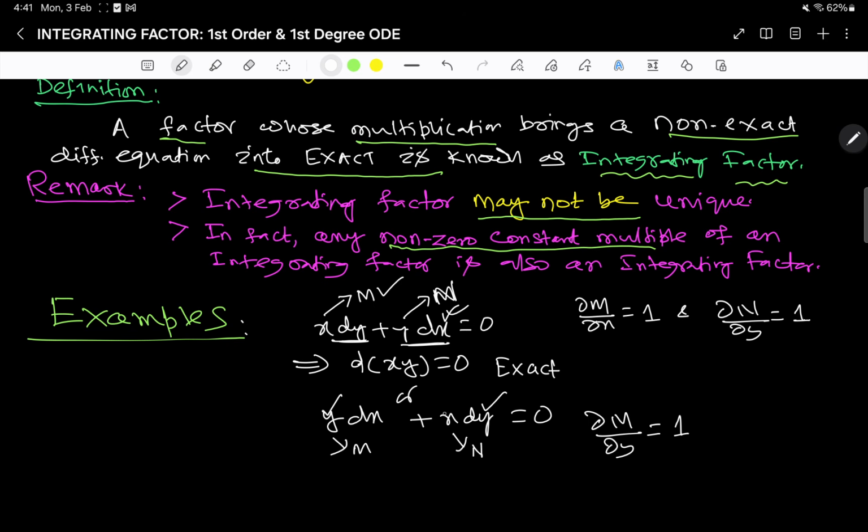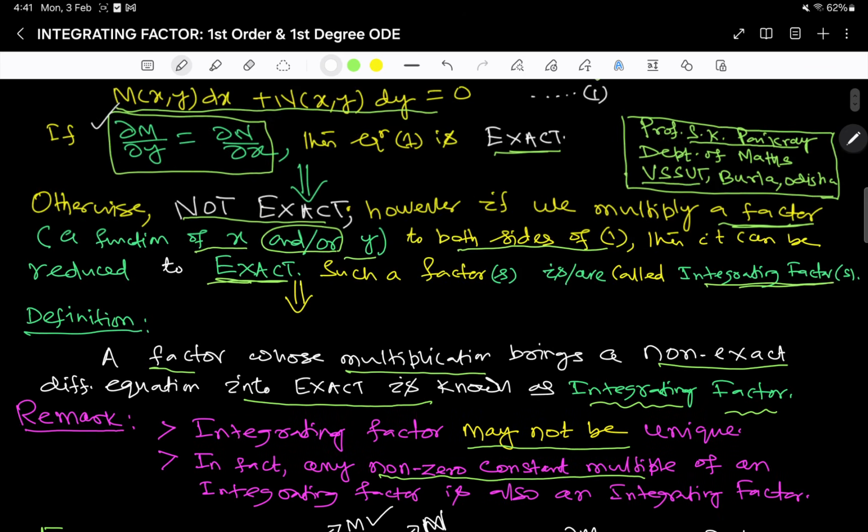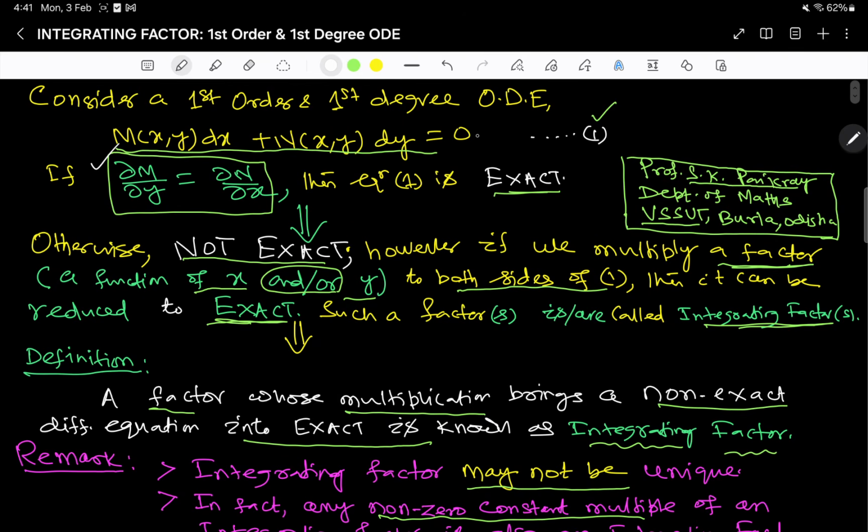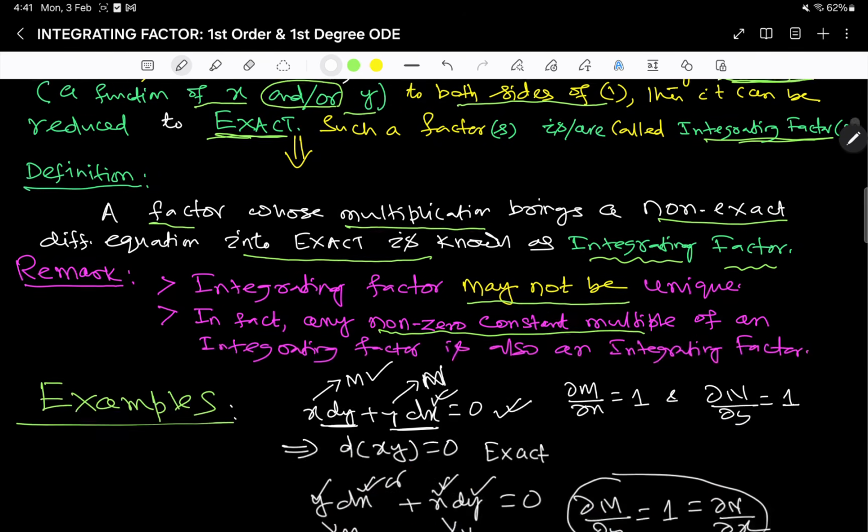And del N by del x is also 1. So depending upon the standard form of the differential equations or the variable we choose, we write the conditions. This condition is for this form of the differential equation.